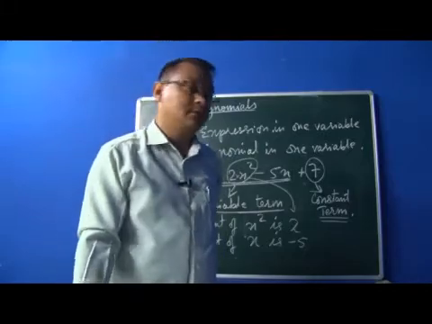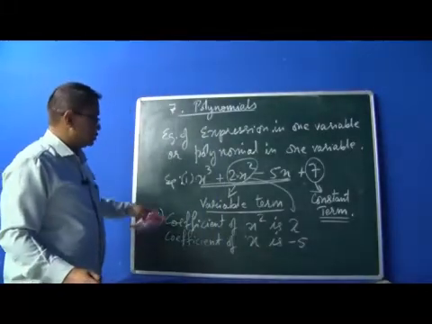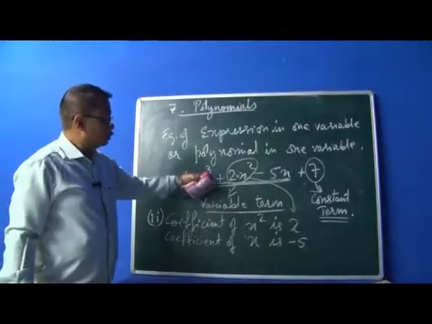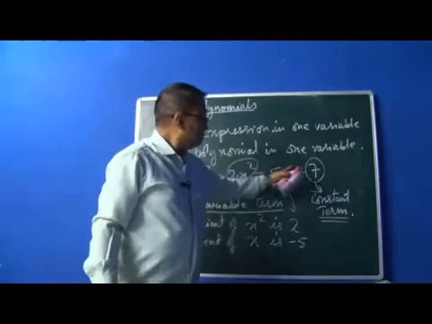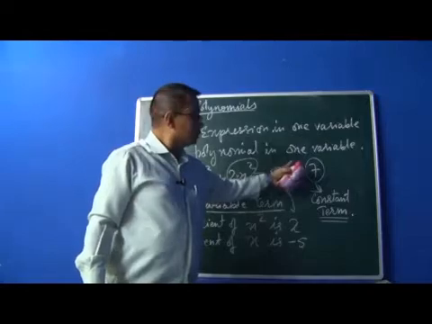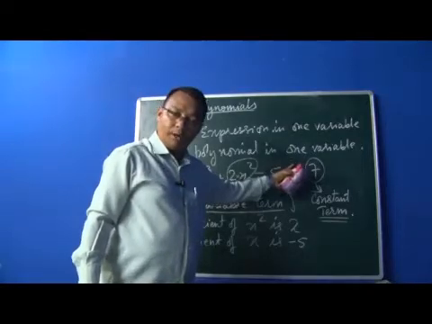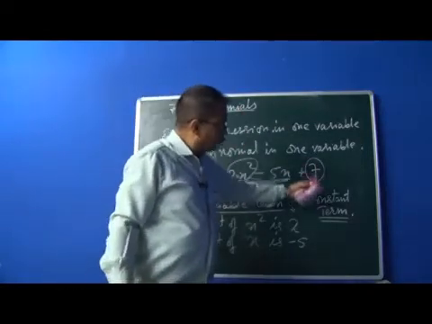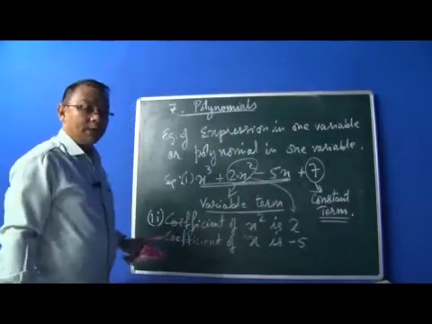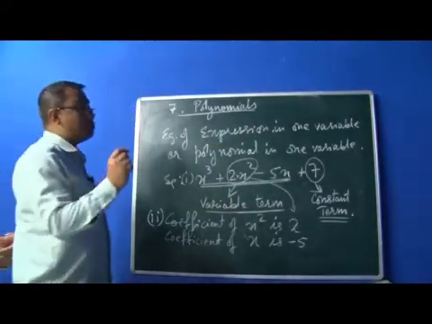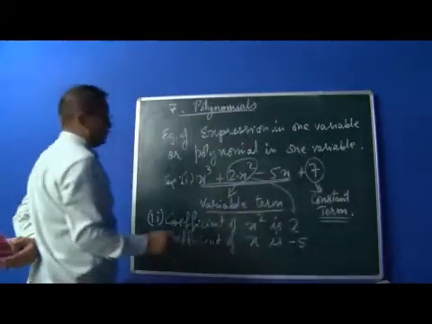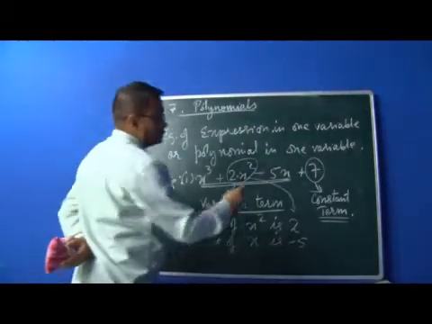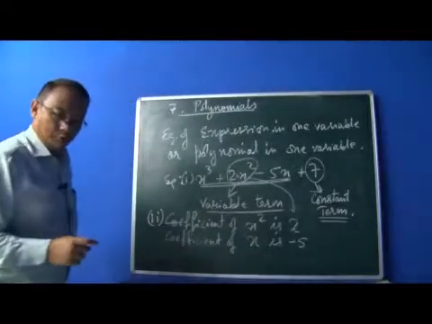When we deal with powers here: power cube, power square, power, there is no number, it is mentioned as 1 power. And when we go with the constant term, there is no power or degree mentioned for the constant term. So its power is 0.